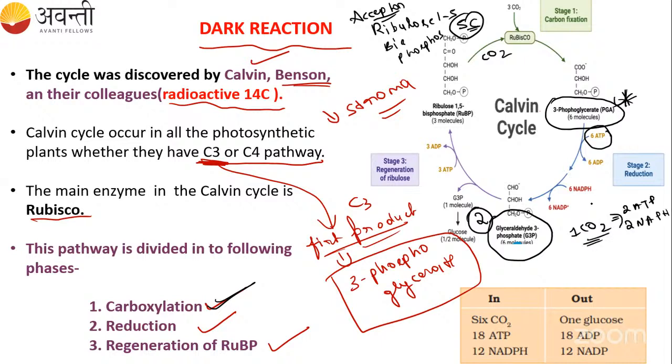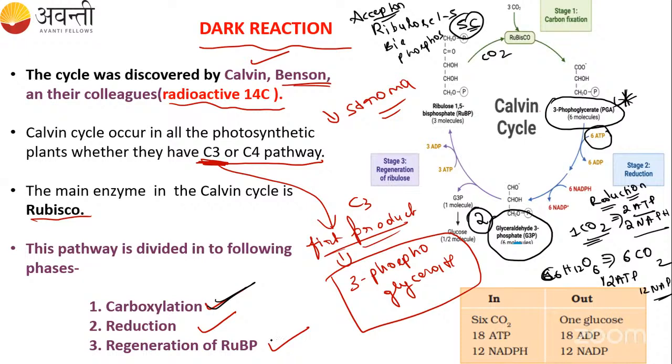Remember, for only the reduction process, 2 ATP and 2 NADPH are required. So totally for C6H12O6, for the glucose synthesis, we require 6 carbon dioxide. 6 carbon dioxide means for the reduction we require totally 12 ATP molecules and 12 NADPH molecules. The products of the light reactions are utilized in the dark reaction. So now you can see that the reduction process is completed.